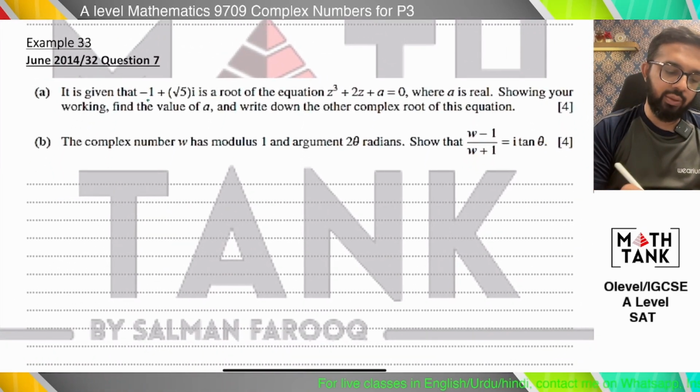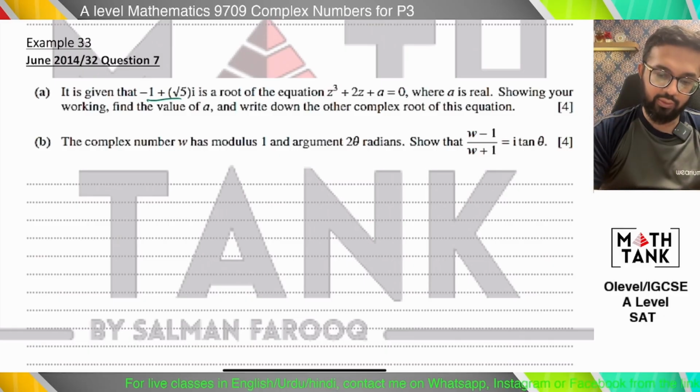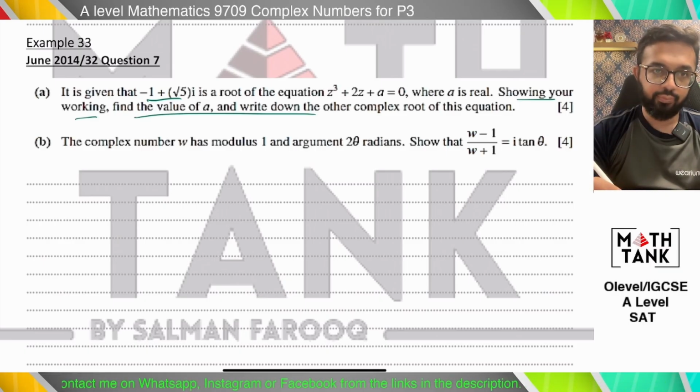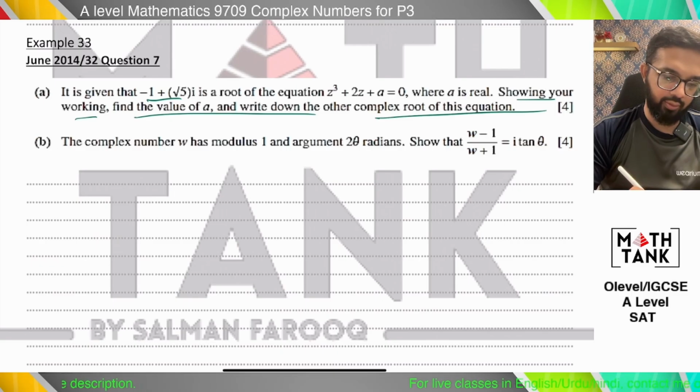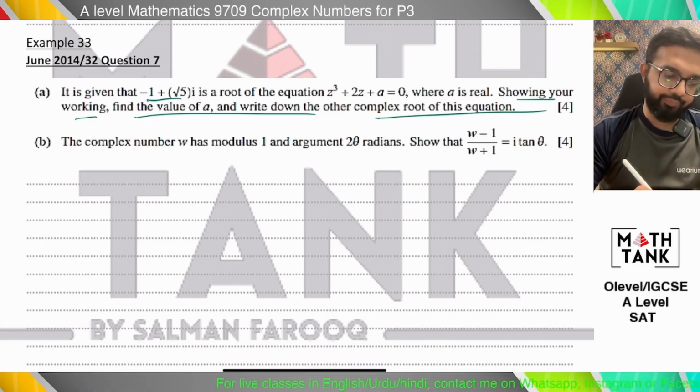This one says it is given that minus 1 plus root 5i is a root of the equation, where a is a real number. Showing your working, find the value of a and write down the other complex roots of this equation. Okay.